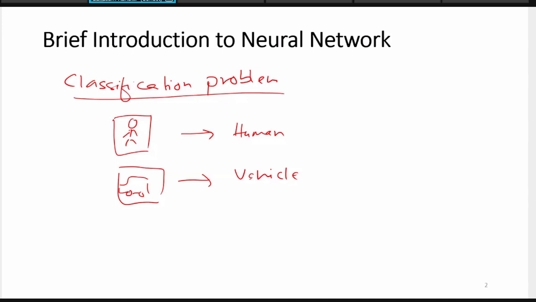If my classifier is about humans or vehicles, then given an image, I want to classify whether it is a human or a vehicle. So this classifier can only perform classification of these two labels. You take up the classification problem, a neural network can be used to perform that.